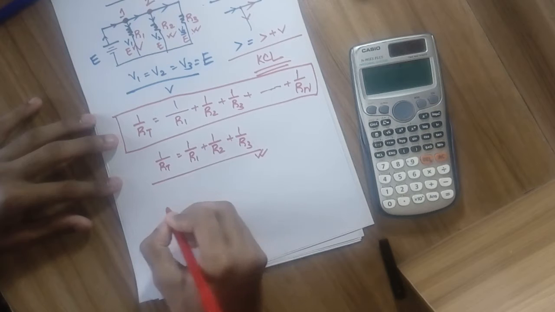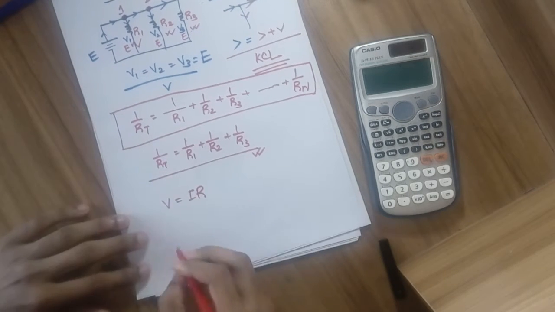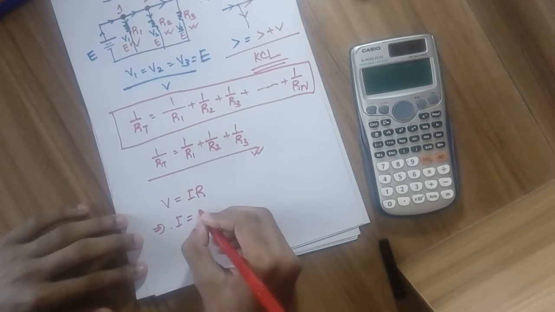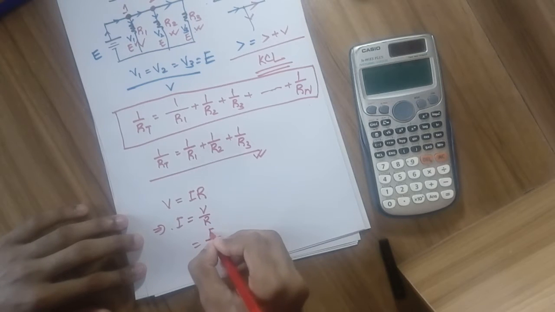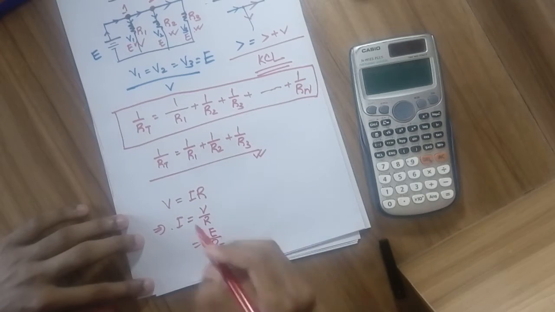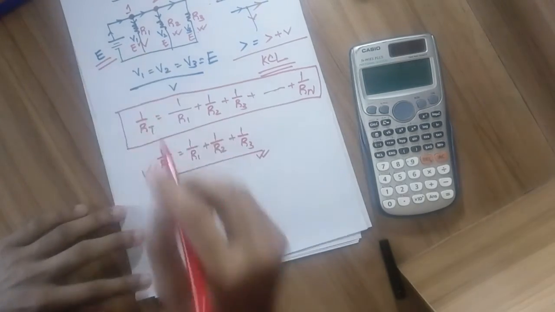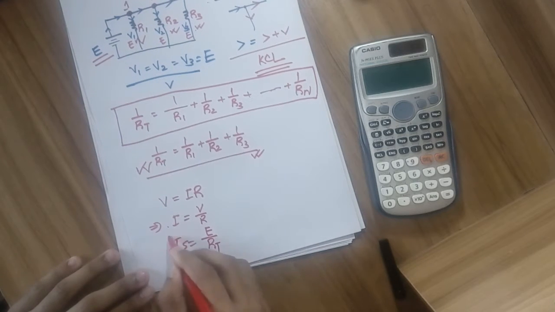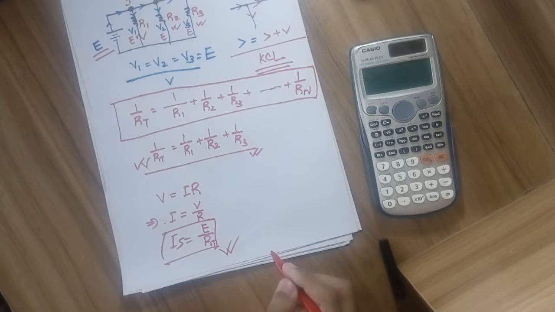Ohm's law says V equals IR, so the current equals V by R. Here V is the source voltage E and R is the total resistance. We will get the total resistance over here, and we have the source voltage E, so we can easily find the source current on a parallel DC circuit.